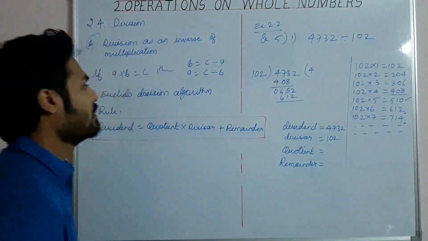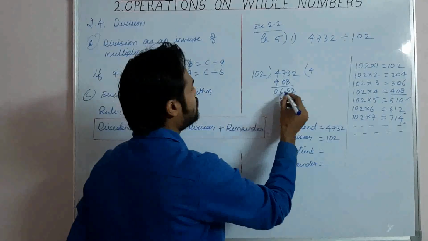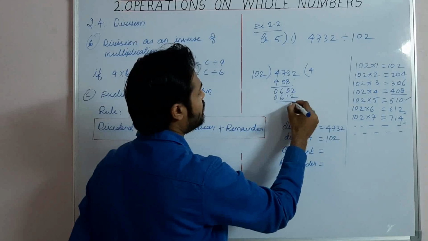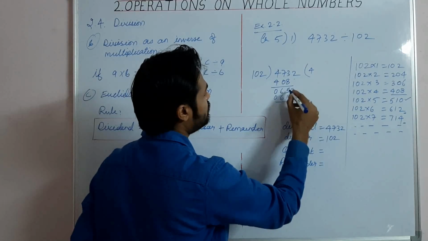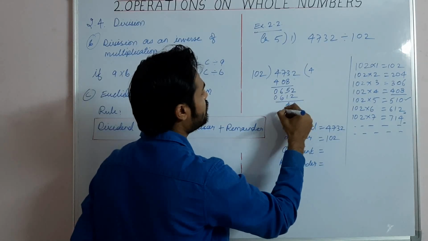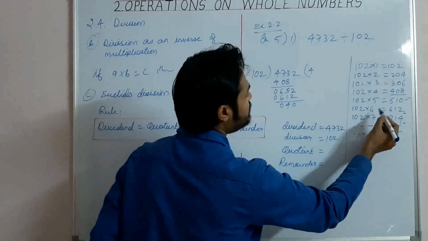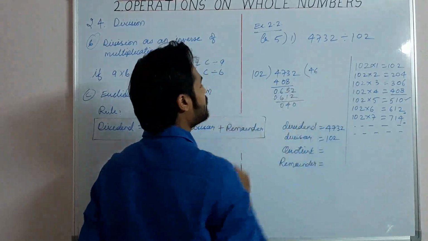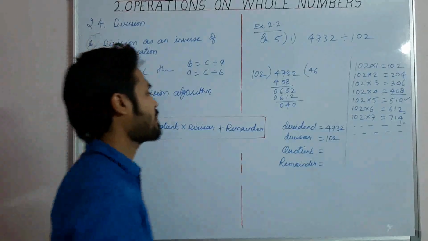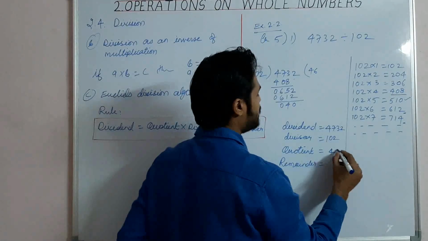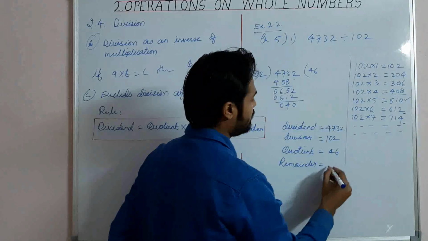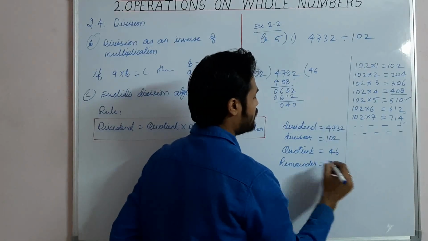Again we'll subtract 612 from 652, so 2 minus 2 is 0, 5 minus 1 is 4, 6 minus 6 is 0. Also we'll write 6 here. So here our quotient is 46 and remainder is 40.